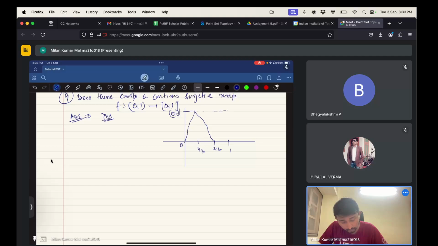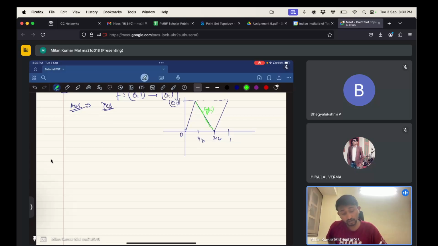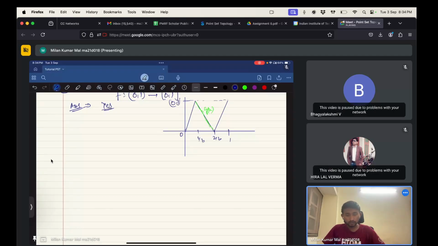I'm writing this one in blue, that is g(x). Suppose this is the map. You can look, and these two points are not defined. At these two points the function is not there, but still it is getting the values from 0 to 1, right? That is what I want to show.